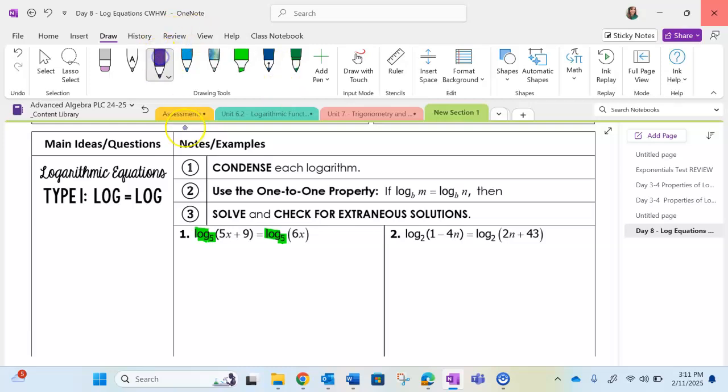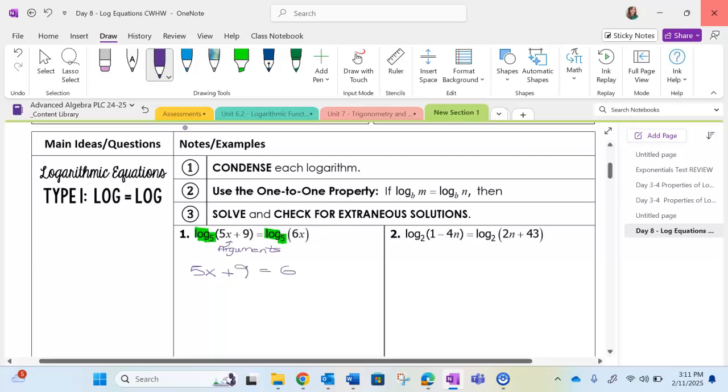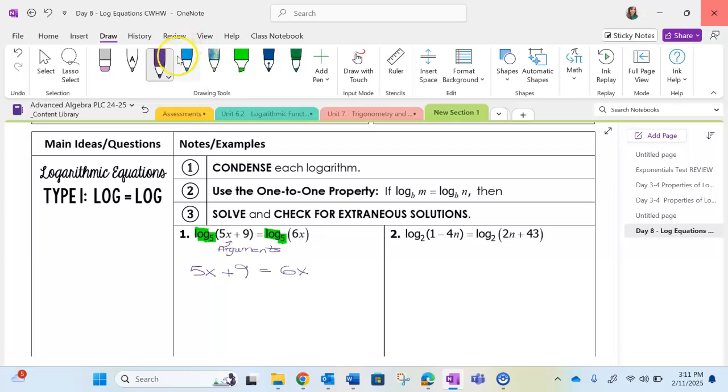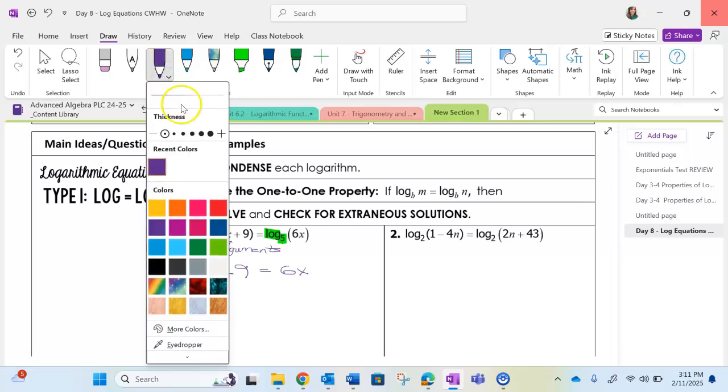If that is the case, you may set the arguments equal to each other. Remember, this is the argument. So 5x plus 9 equals 6x, and now solve for x.